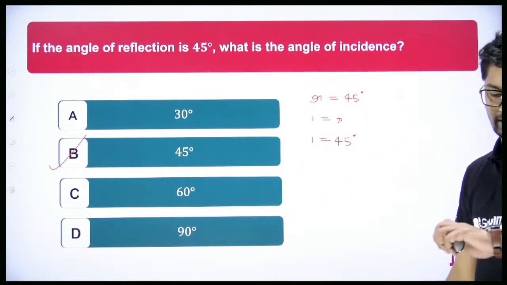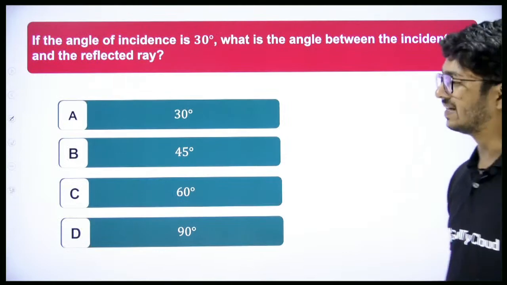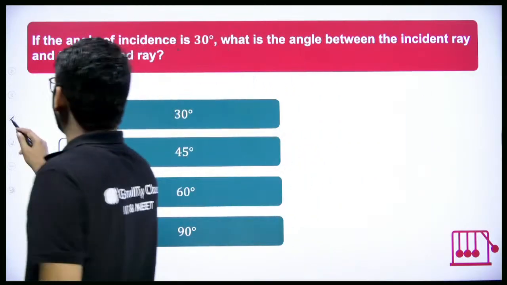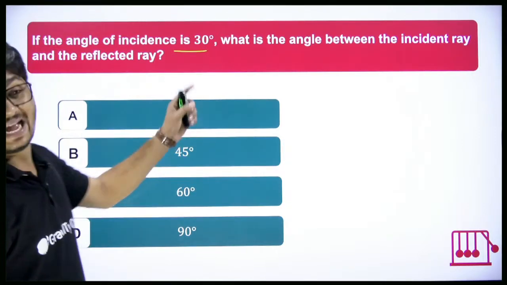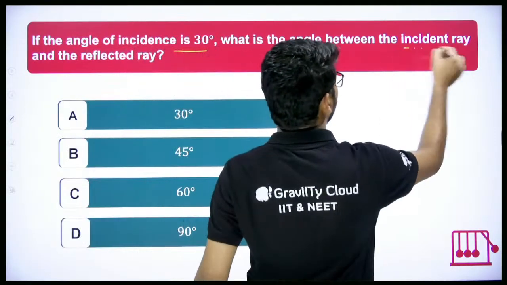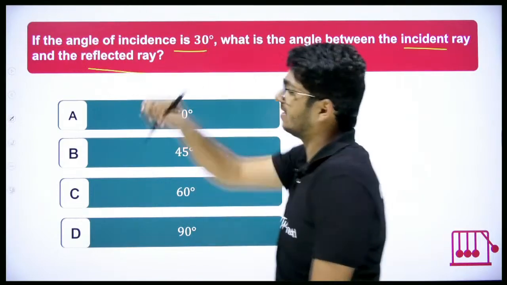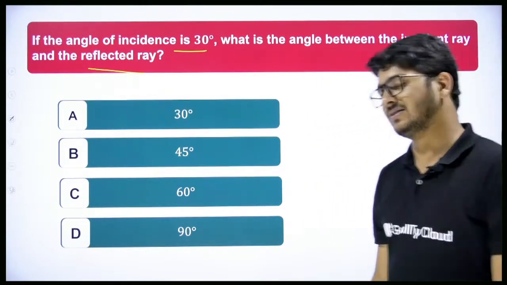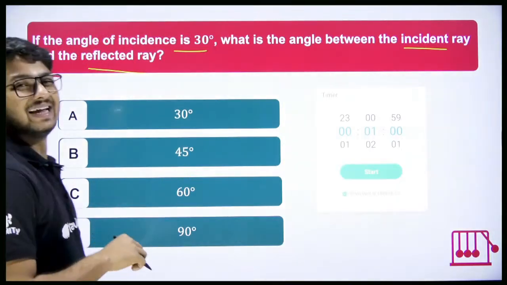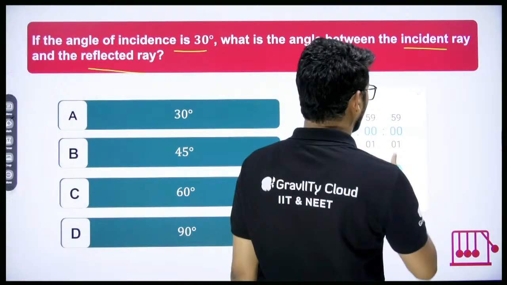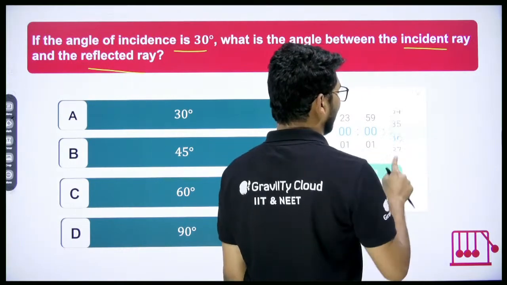Good. Okay. Then next. If the angle of incidence is 30 degrees, what is the angle between the incident ray and the reflected ray? Now this is an interesting question. I will give you 30 seconds. The clue to this is to draw the diagram.